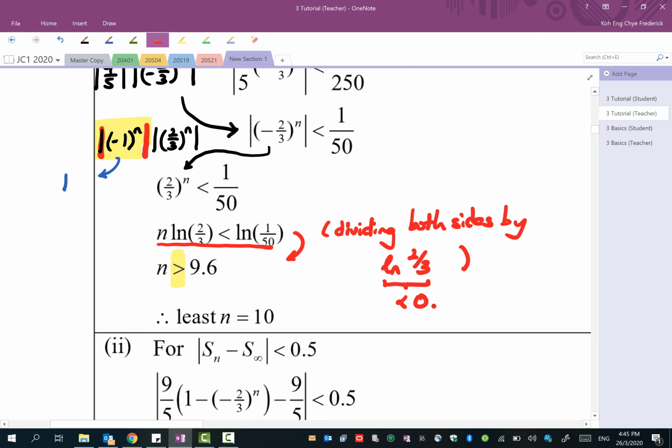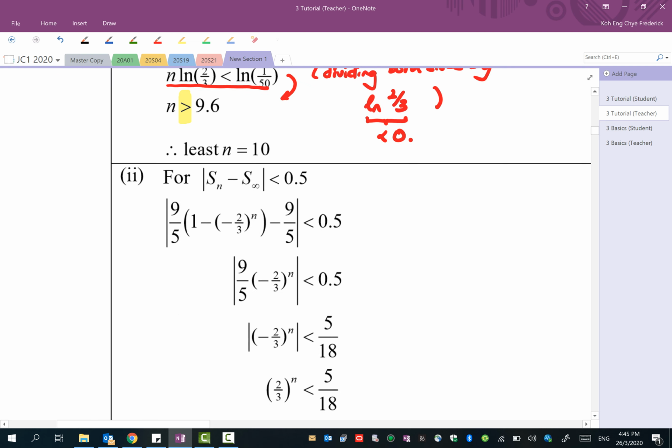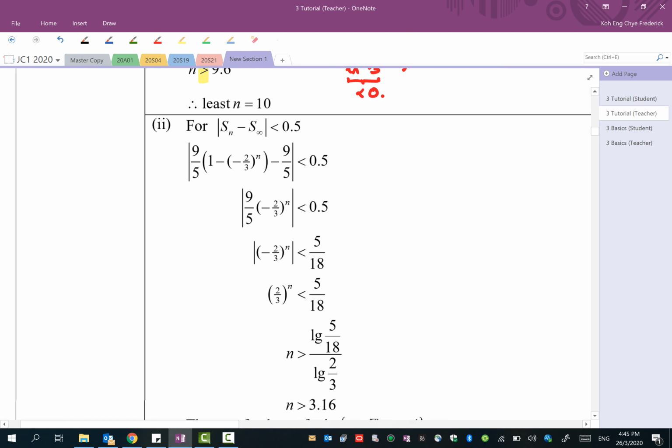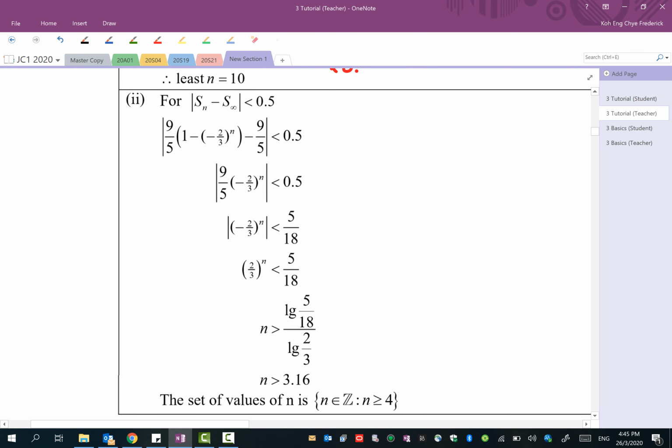Now I'm going to show you the solutions. Everything is the same, so I'm not going to reiterate anything here. The only thing I want to say is about presentation for set notation. If the question asks for a set of values, there are 3 things.